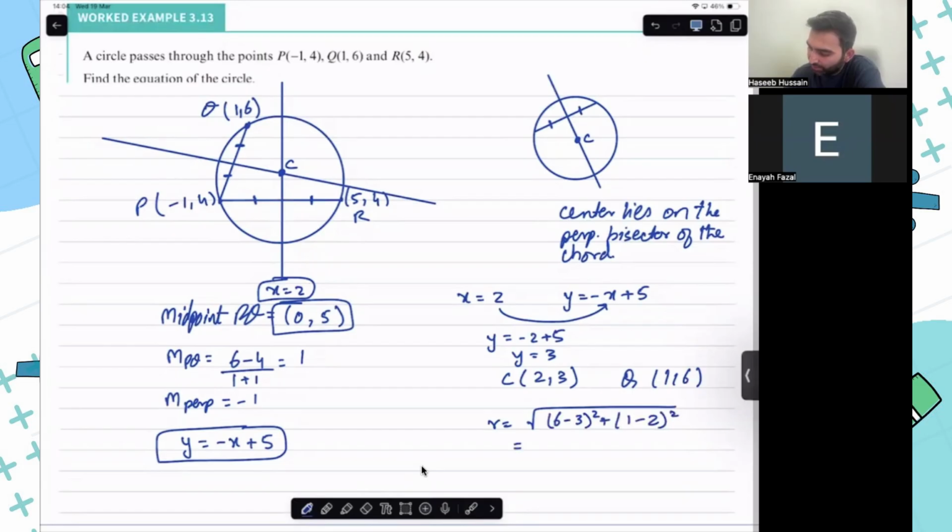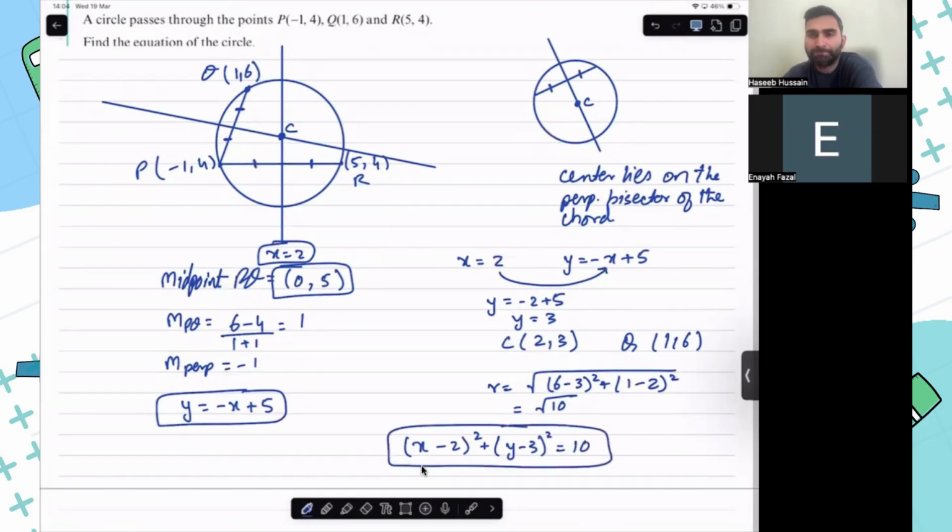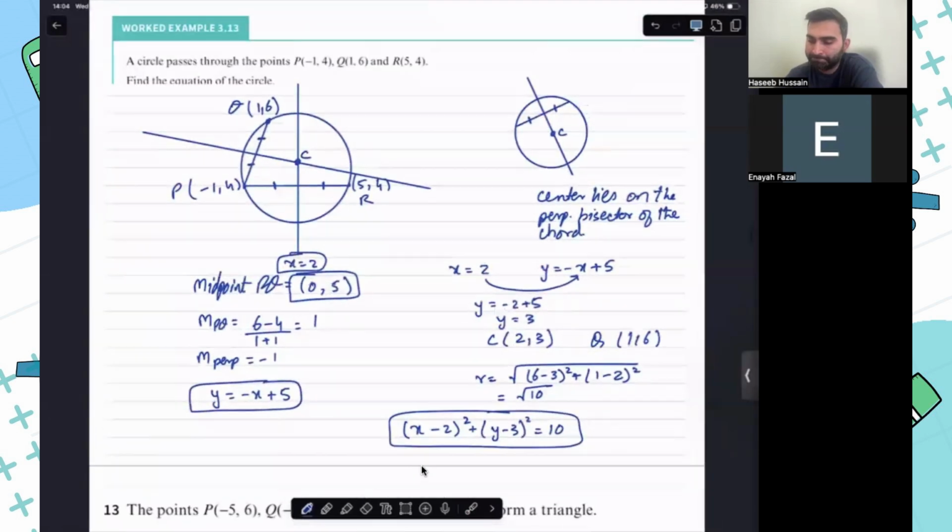That's 9 plus 1, which is 10. Root 10. The equation becomes (x - 2)² + (y - 3)² = 10. Get it? Yes, sir.